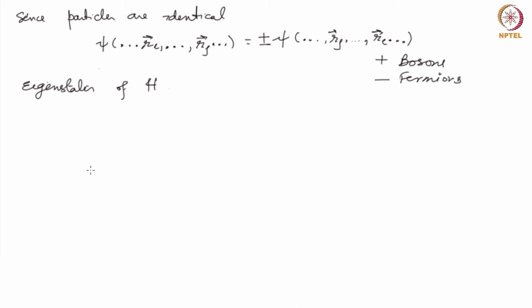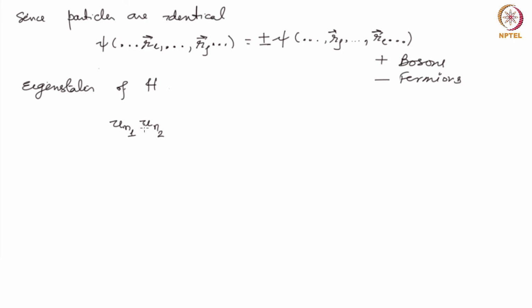It's easy to see that un1, so I am putting one extra label here to distinguish it from the eigenstate of particle number 2. So this wave function un1, which corresponds to particle number 1, could be the second excited state.